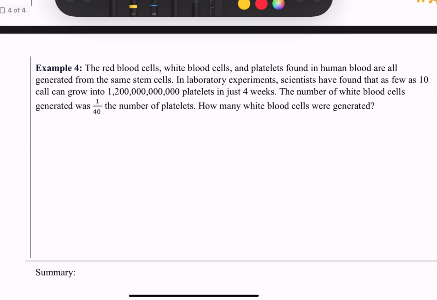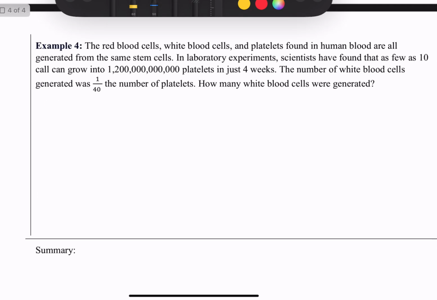All right, let's use this in science or in the medical industry. All right, so example 4. The red blood cells, white blood cells, and platelets found in human blood are all generated from the same stem cells.